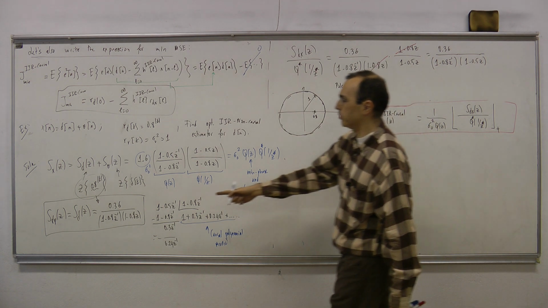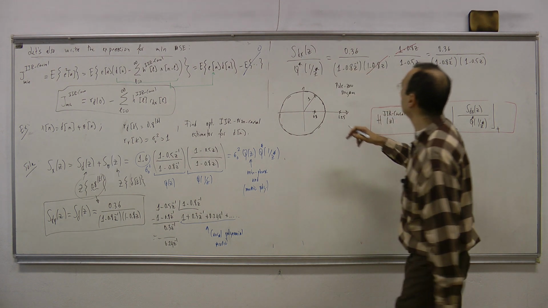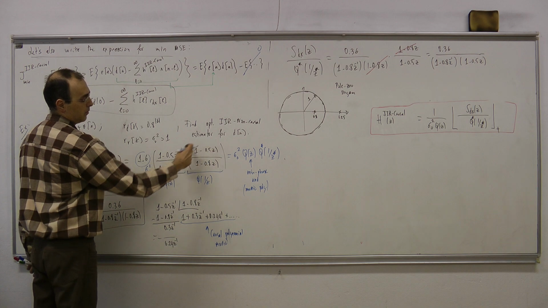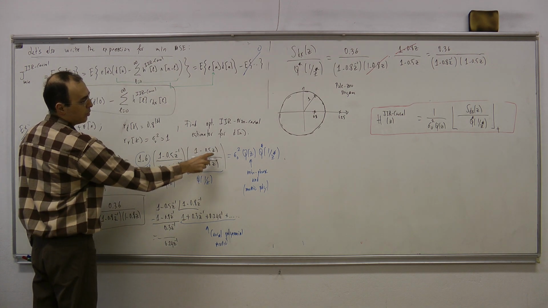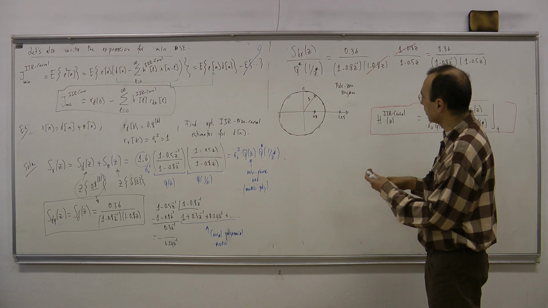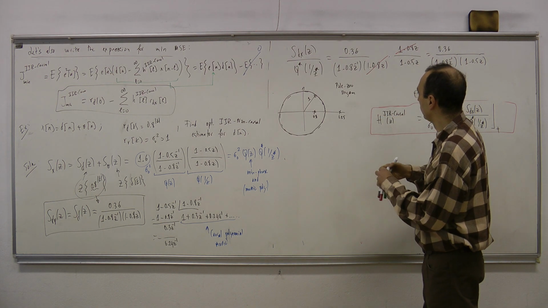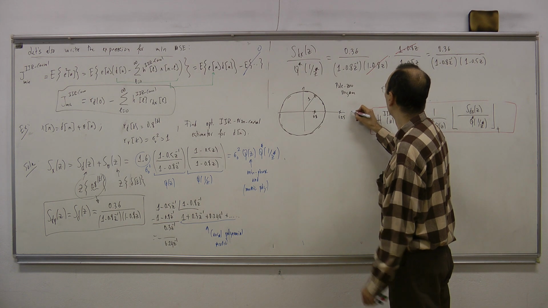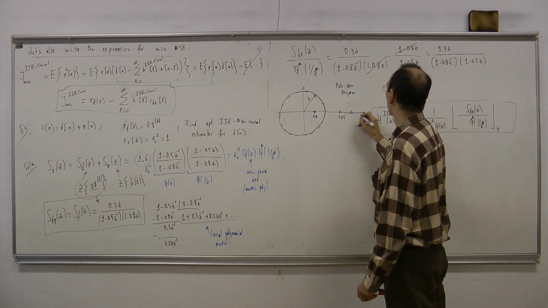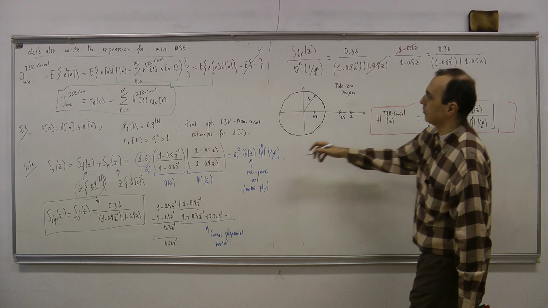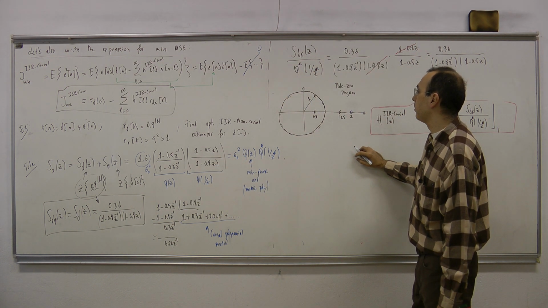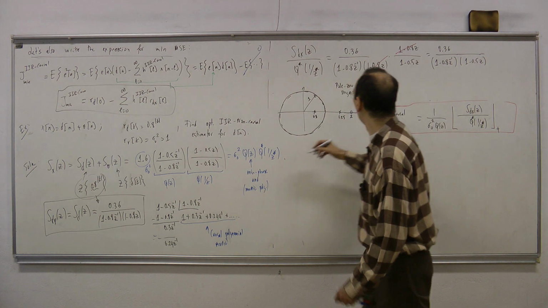This is due to this. How about the other one? I have Q of 1 over Z, which has a zero at 2, but zeros are not very critical, though let me mark them also. It has a zero at 2 due to this term, and a pole at 1.25.